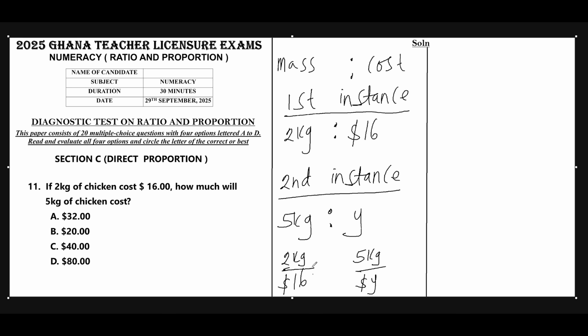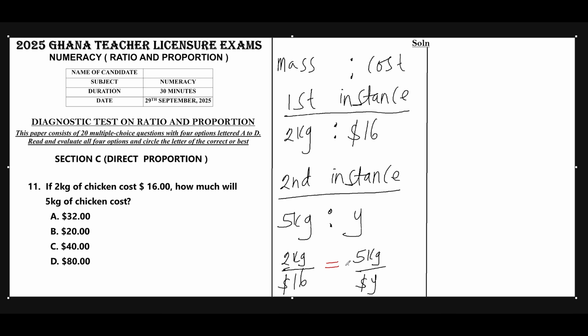Now, because these two quantities are directly related, or directly proportional, it means that the first fraction, or the first ratio, must be equal to the second ratio. So we just have to equate the two. That is how we solve questions under direct proportion.